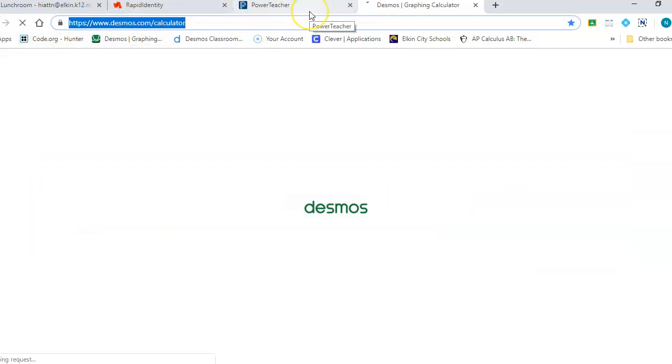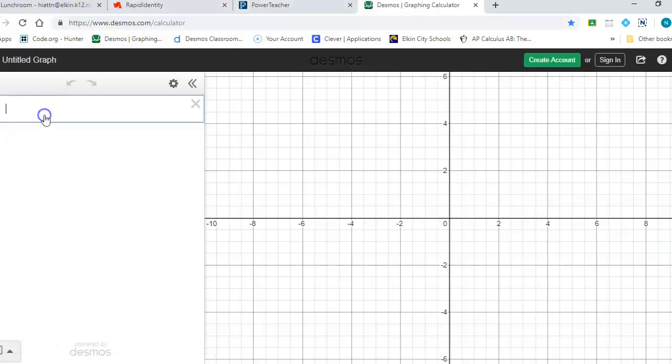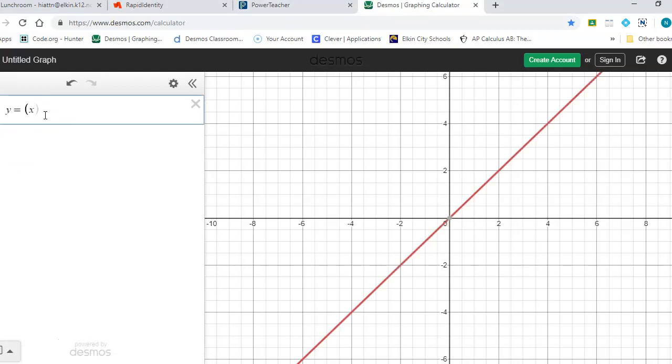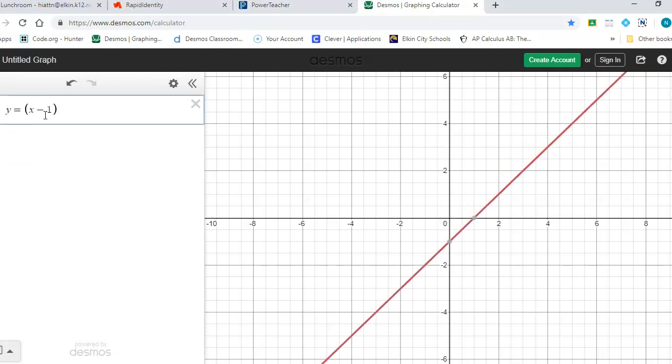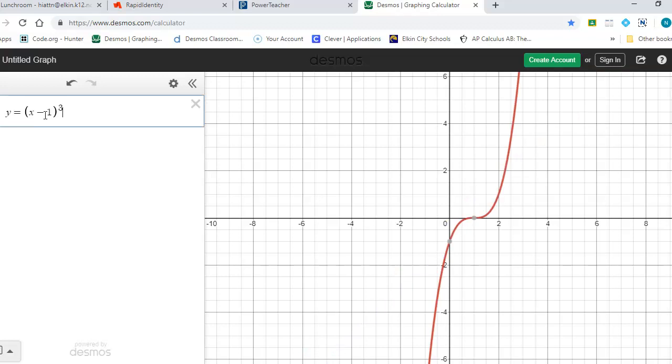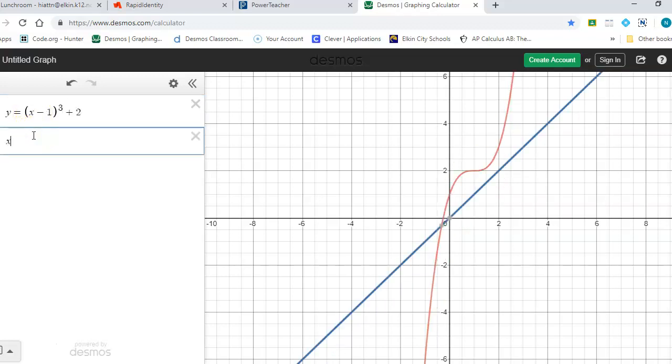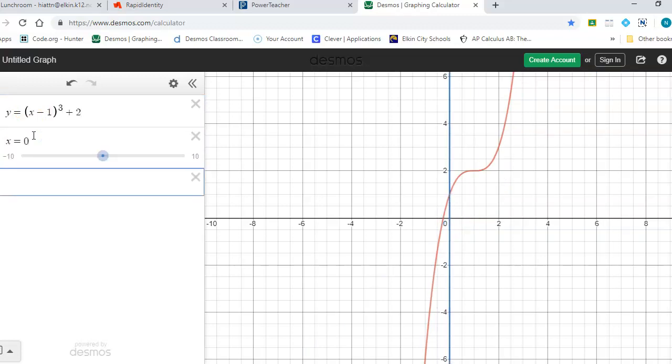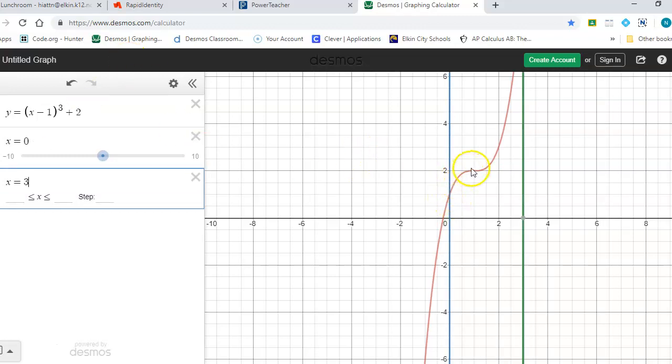So, what was that equation again? Y equals (x minus 1) to the third plus 2. The other good thing about Desmos: it's 0 to 3, right? x equals 0, x equals 3, so it'll put in these vertical lines for us.